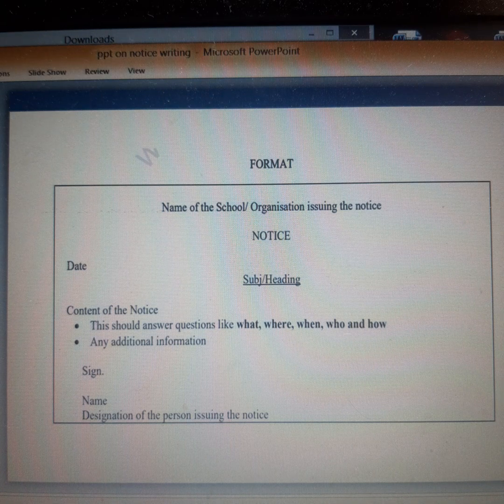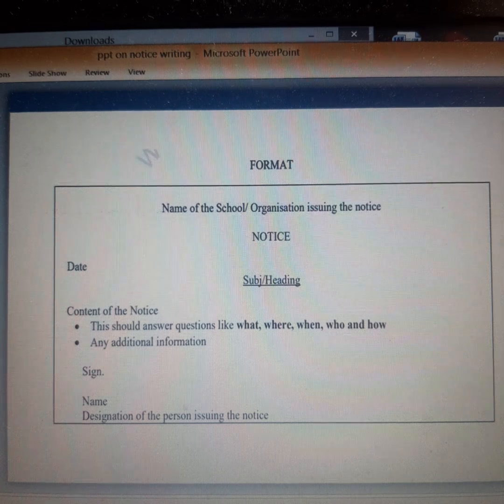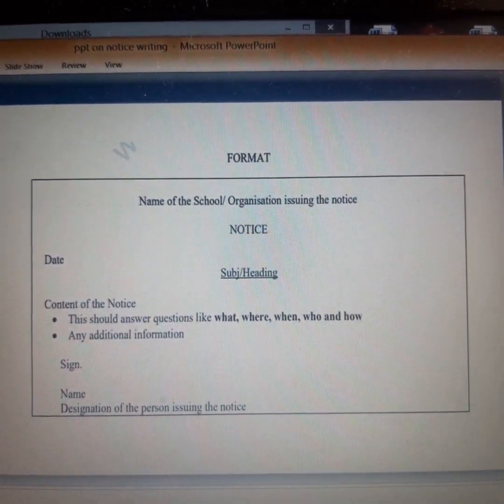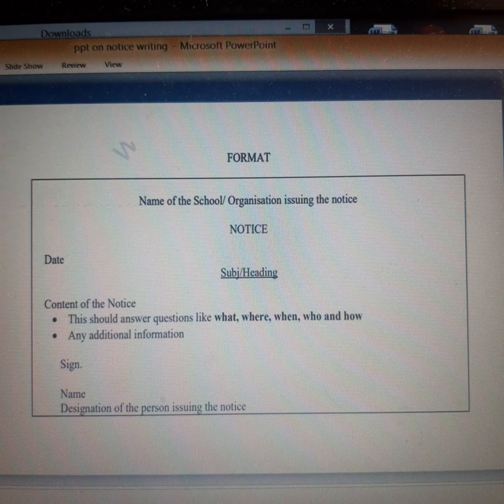Children, if I notice the format, I have already told you that we mention the name of the school or the organization issuing the notice. Please pay attention to this slide. We first mention the name of the school or the institution drafting or organizing the event.